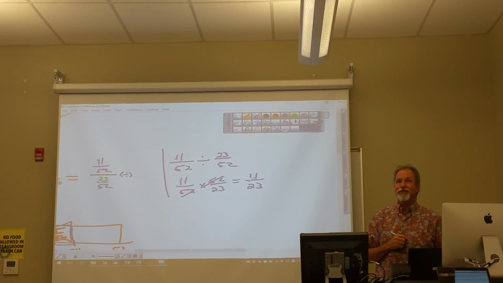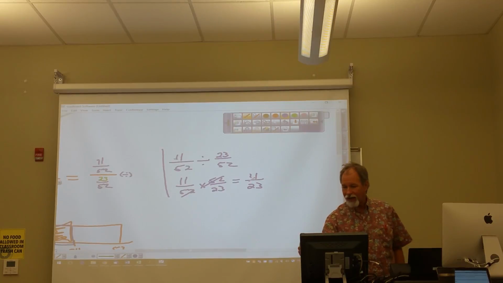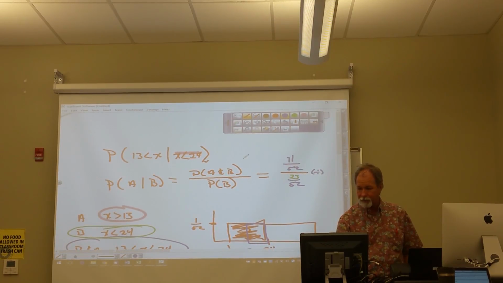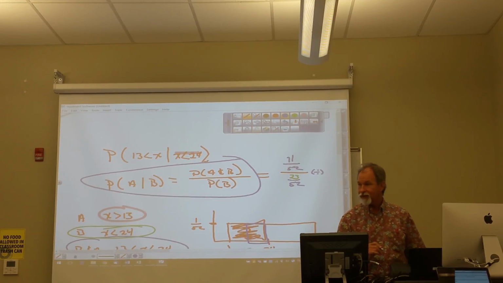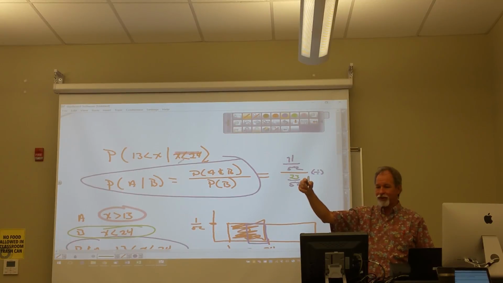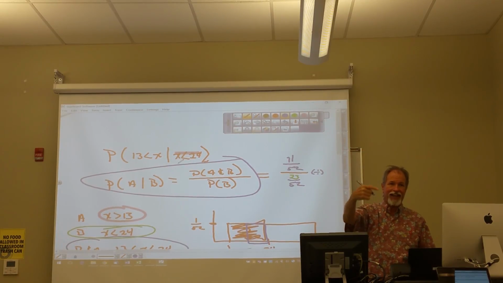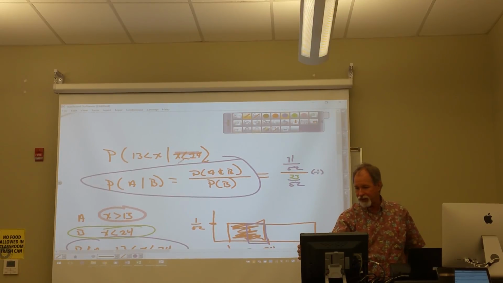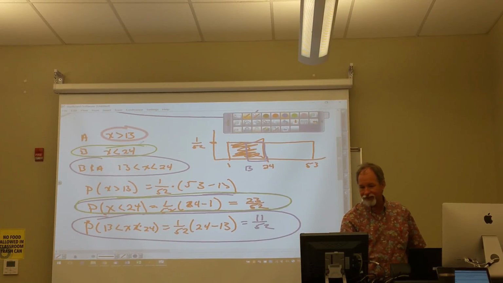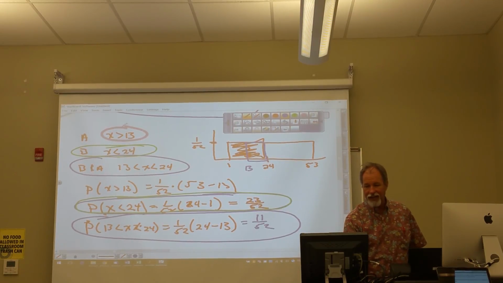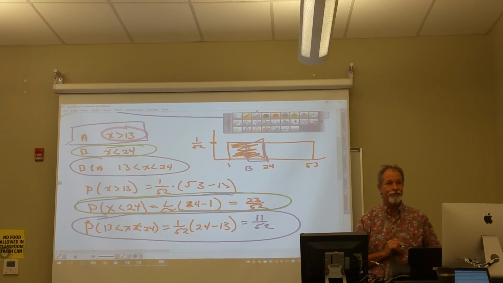But I have to keep in mind it's a given probability, and what was my formula for a given probability that we learned? The probability of A given B is the probability of A and B divided by the probability of B. Then I have to think about what my probabilities are. The probability of A is not really necessary in this problem.